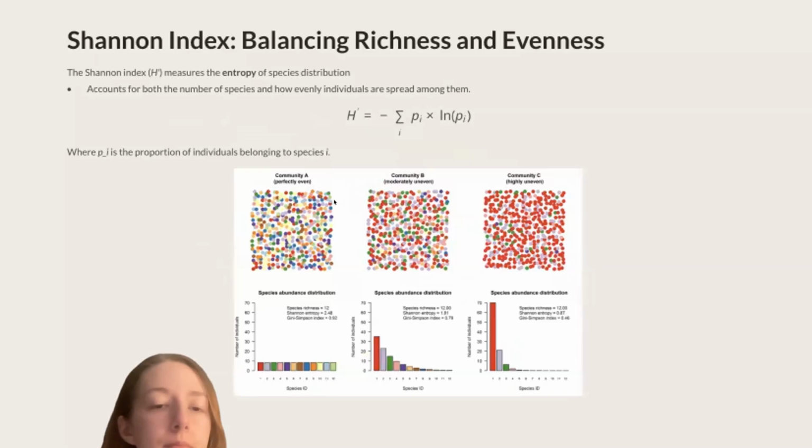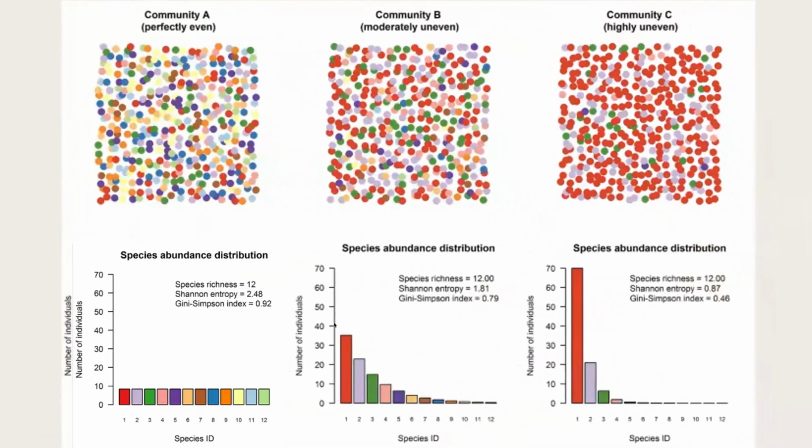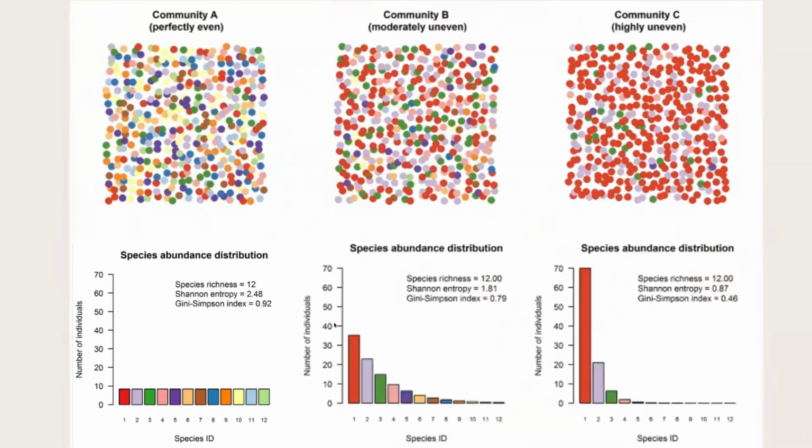And so we can take a closer look here at this image, which is comparing different evenness of communities. And so in this case, the richness is not changing, meaning the number of ASVs, species, is not changing. It's going to be 12. Well, what's changing is its distribution. In this first graph right here, all of the species have exactly the same distribution.